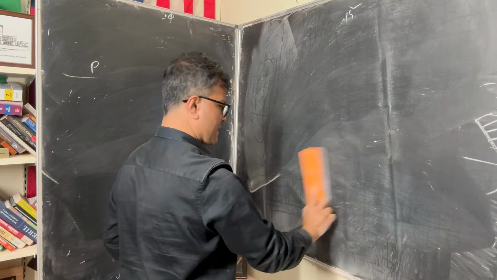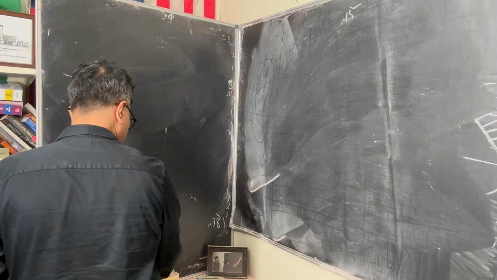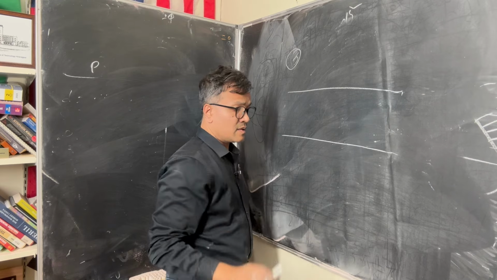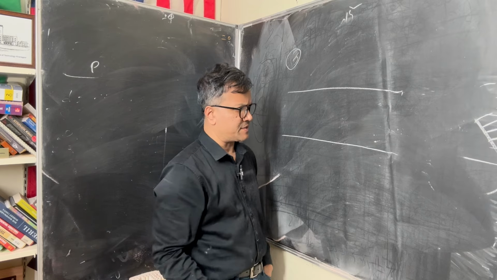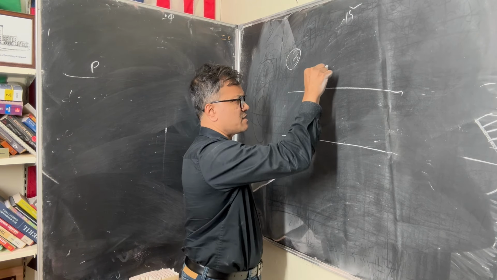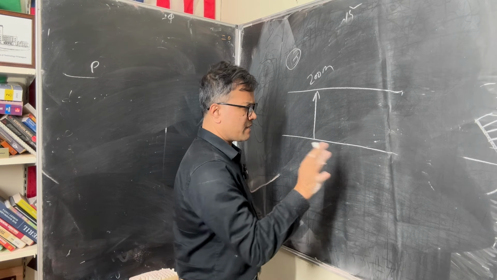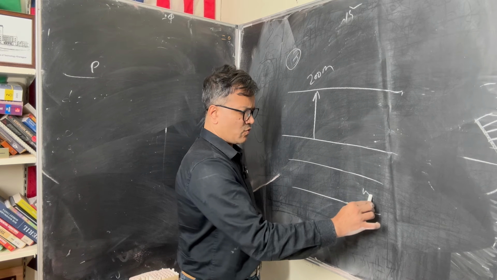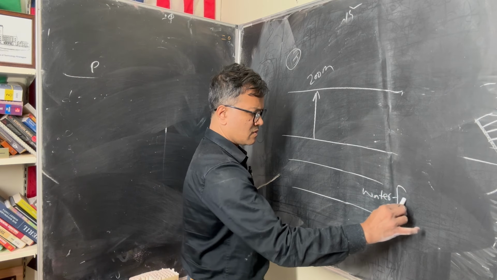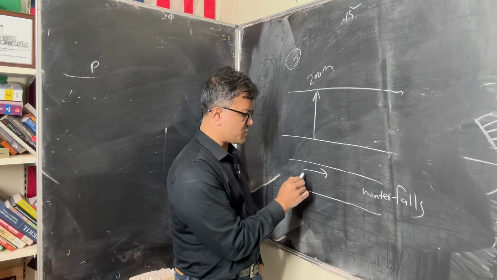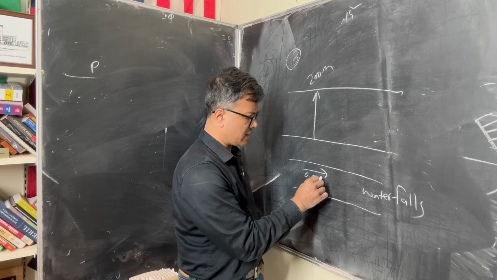Problem number 9 is the vector subtraction, but I'm going to go very quickly because I'm extremely tired. The distance from here to here is probably 200 meters, but it doesn't really matter. What matters is the current. There is a waterfall here, so the current must be in this direction, and the current is 0.9 meters per second.